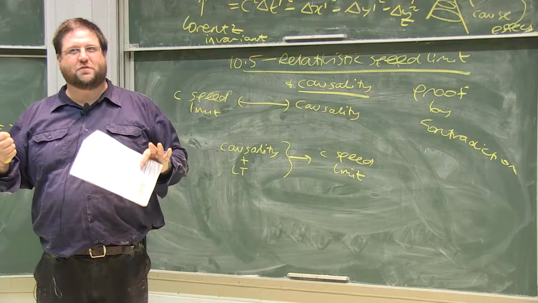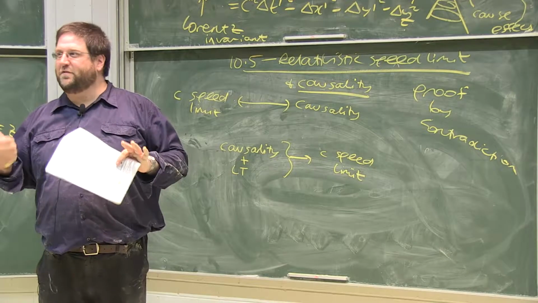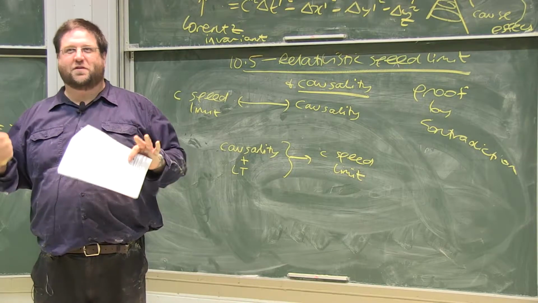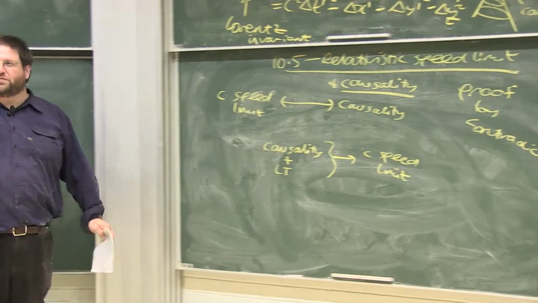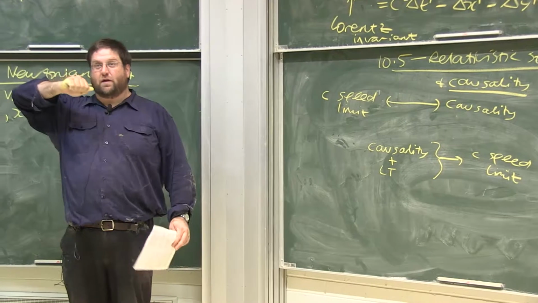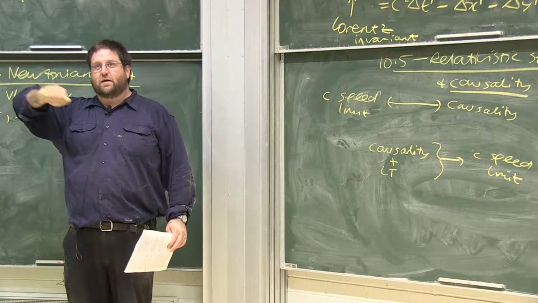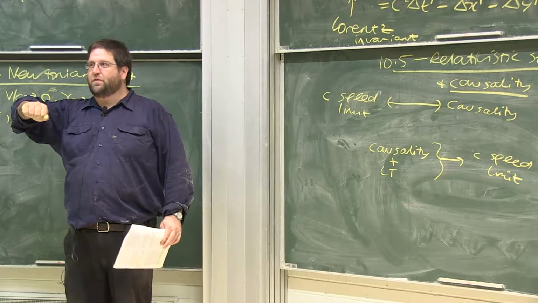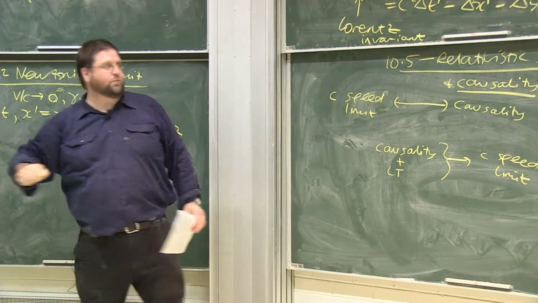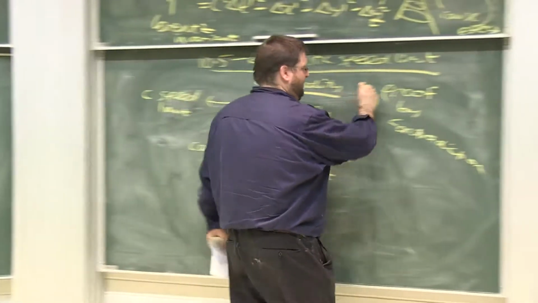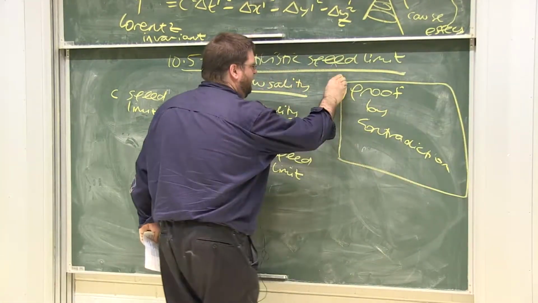Hence your initial assumption that what you wanted to prove is false is itself false. Hence what you wanted to prove is true. So, a pretty torturous chain of logic, and I'll repeat it. Assume the falsity of what you want to prove, derive a logical contradiction thereof, hence the initial assumption that what you wanted to prove is false is itself false, hence what you wanted to prove is true.